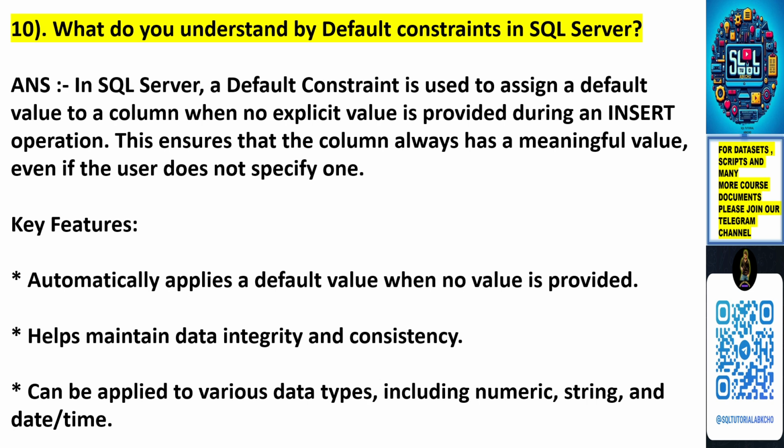Okay, and this ensures that the column always has a meaningful value even if the user does not specify one. And the key features are: it automatically applies a default value when no value is provided. Point two is it helps maintain data integrity and consistency. And the last point is it can be applied to various data types including numeric, string, and date time.